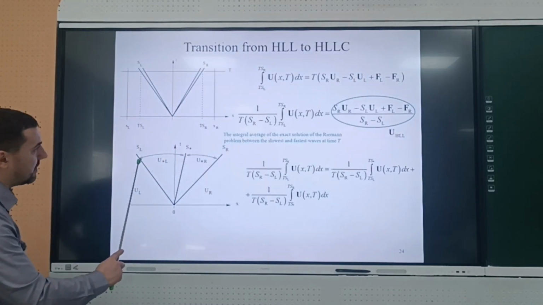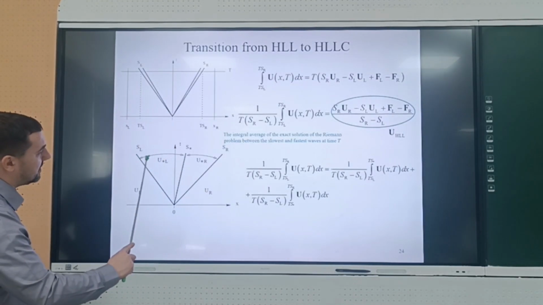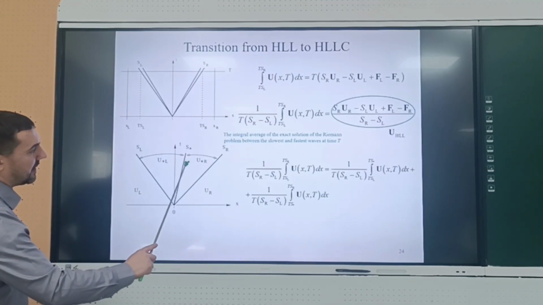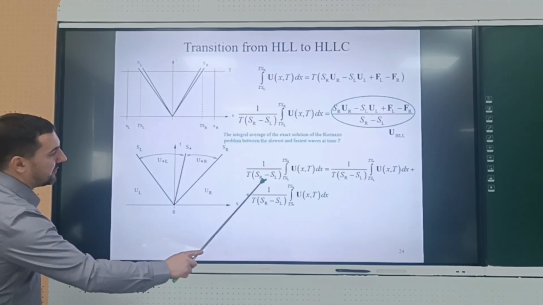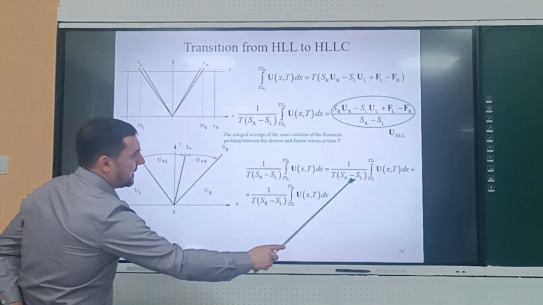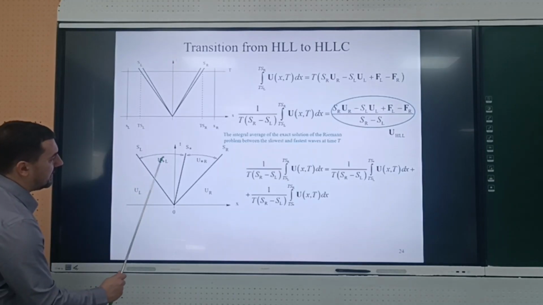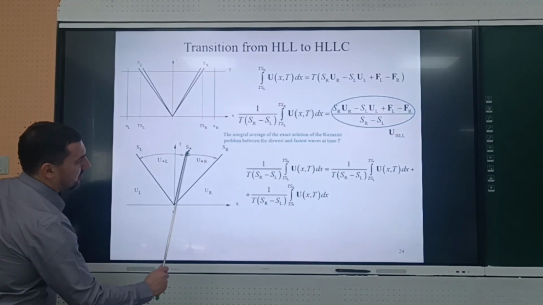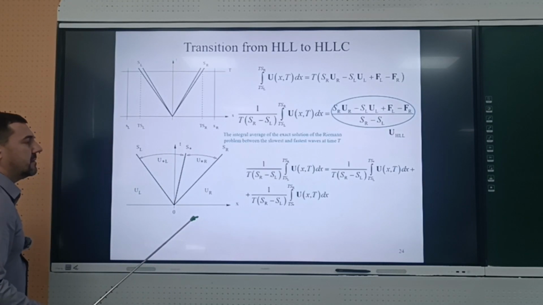And if we introduce the contact wave, now this integral can be subdivided into two parts. So now we have an integral not from TSL to TSR, but from TSL to TS star here, and from TS star to TSR here. That's obvious.